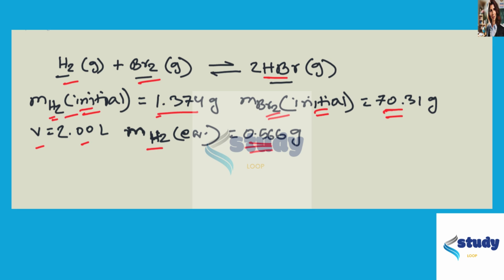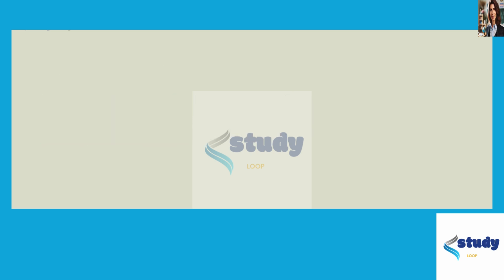We can find out the equilibrium concentration of each of the reactant and product. So the first step here is to find out the initial number of moles of hydrogen and bromine.